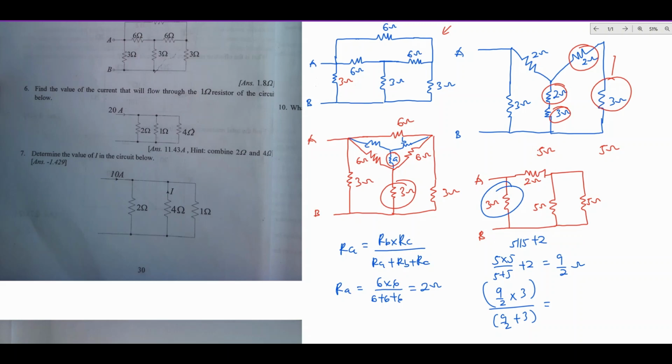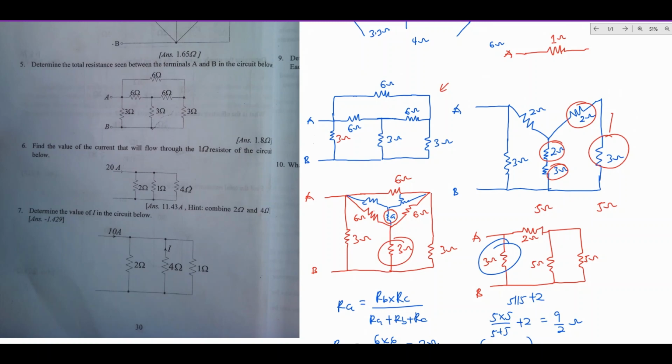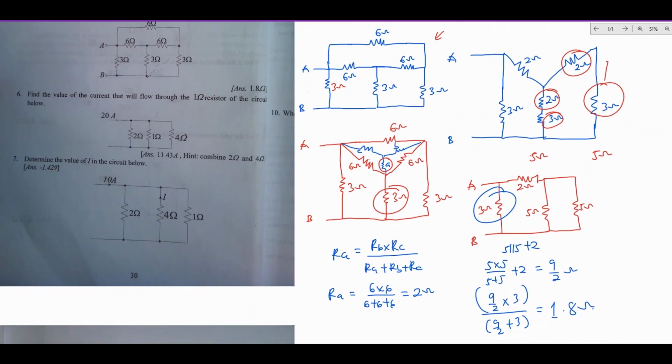That gives us a value of 1.8 ohms. Let's compare to the answer that I was given. So that's 1.8, so that's correct. Now let's move on to the next question.